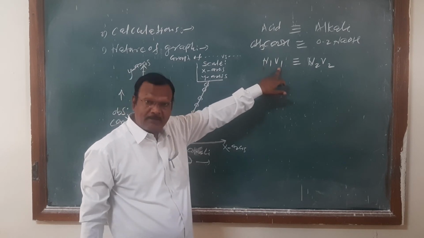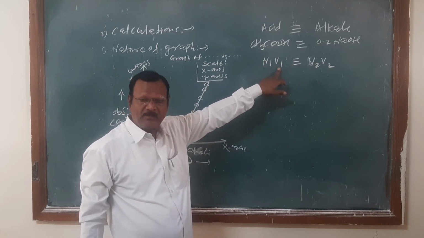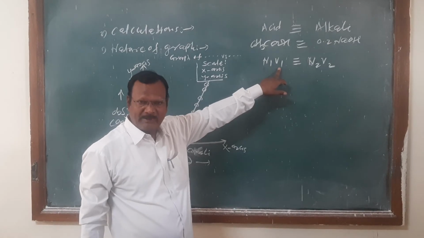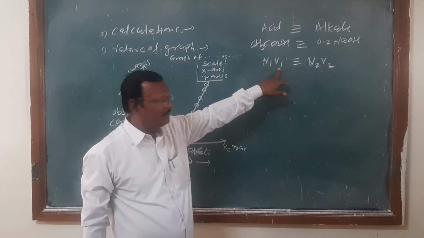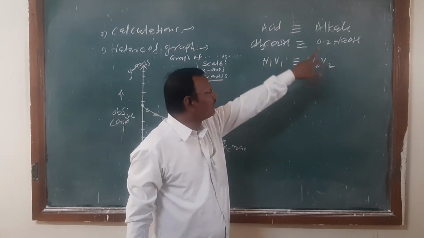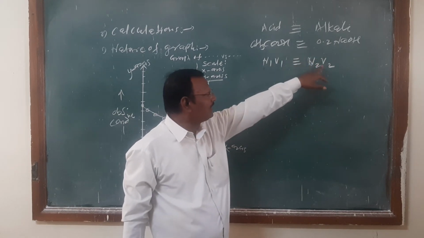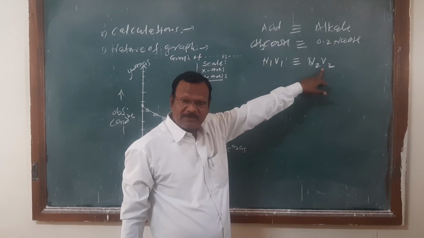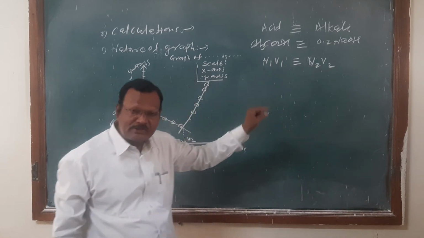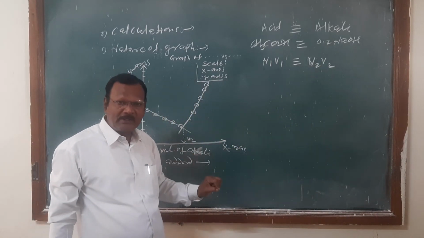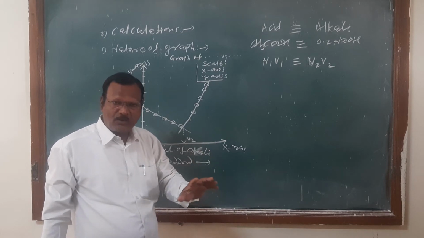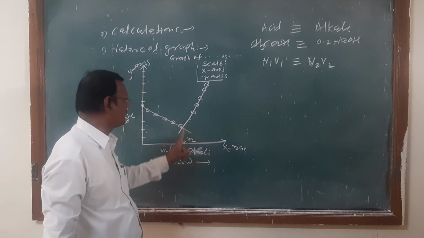For P1 we take the amount of acid in the beaker by means of the pipette, that is 10 ml. Then N2 is the normality of the alkali, the strong base, that is 0.2 normal, and volume P2 is what we obtain by adding this alkali in the beaker to neutralize it and obtain the equivalence point. That's the P2 here.